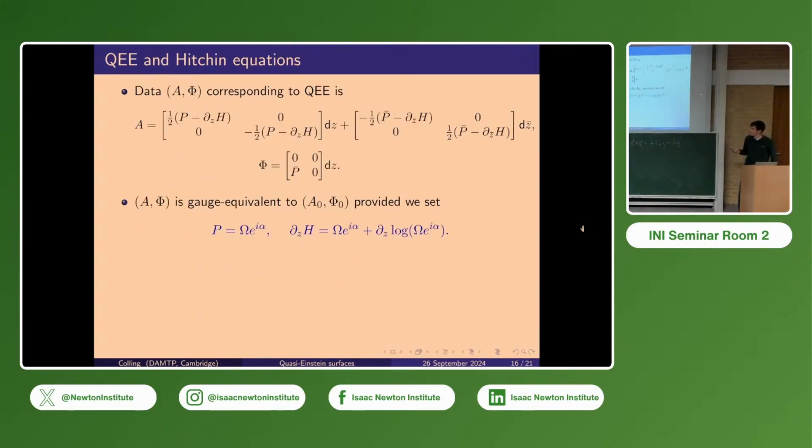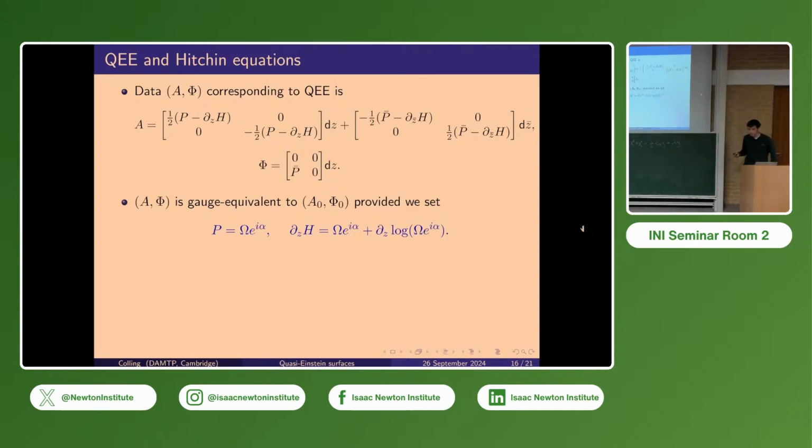So you have to take omega to be mod p. And then there's, of course, still the phase of p, which corresponds to the U1 gauge transformations preserving the form of this connection. You have to choose this function alpha in such a way that this second condition holds. And moreover, the Quasi-Einstein equations imply that there always is such an alpha.